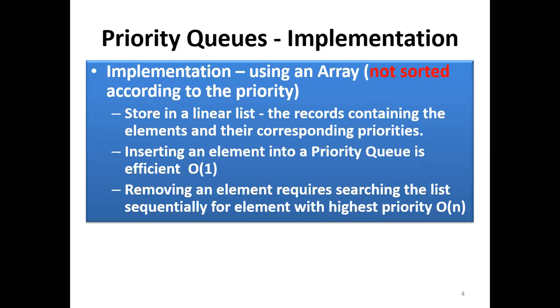Now, if we want to implement a priority queue using an array, we first want to store it in a linear list. When we store it in a linear list, we need to have each of these elements associated with their corresponding priorities. Then the efficiency of inserting an element into a priority queue is of the order of 1, but the efficiency of removing an element from a priority queue is of the order of n.